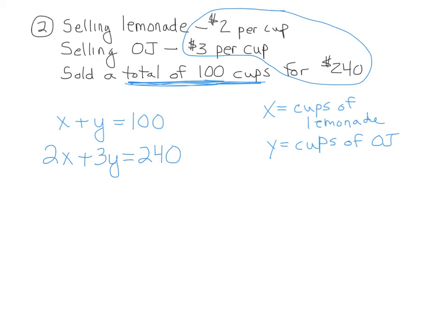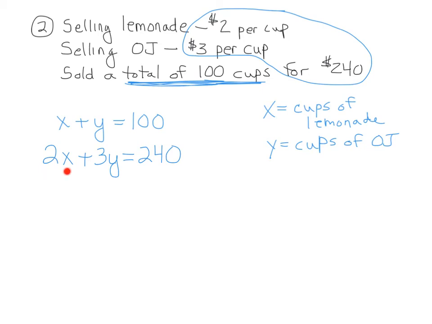Alright, here we go. Let's use our substitution method. So substitution says solve for either x or y in either equation. I think I'm going to use this one first, and I'm going to solve for y, because I'm kind of used to solving for y, and it's going to be easy to solve for y. Easier than this one.